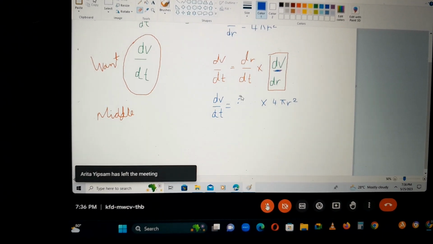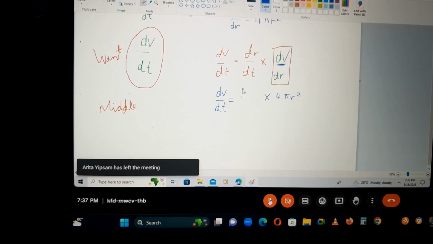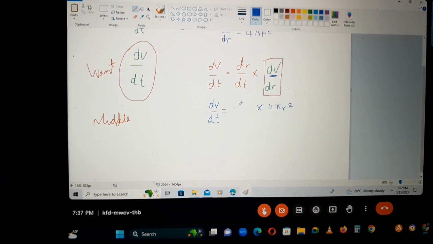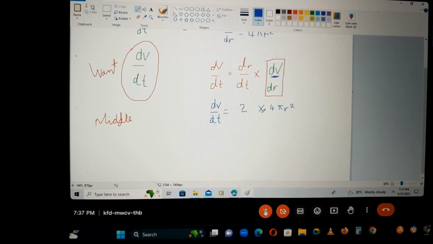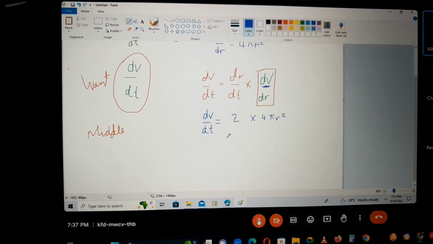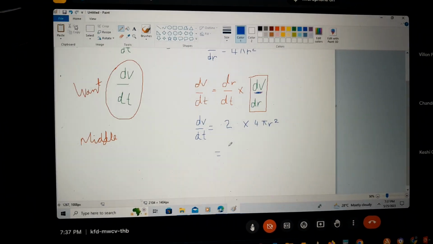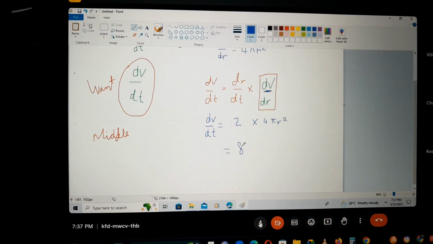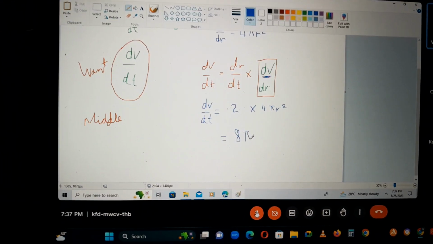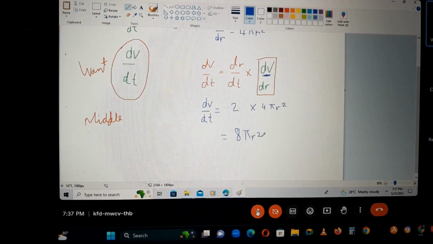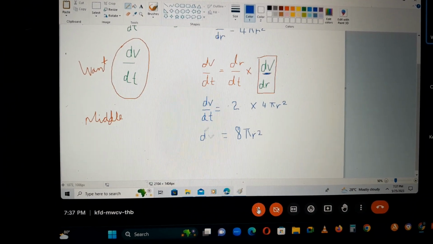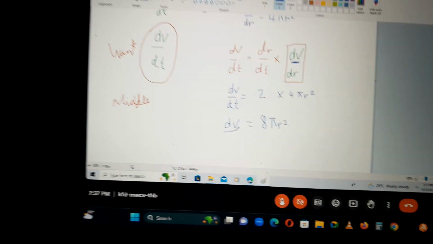So dr dt is 2 times 4 pi r squared. When we simplify this, what will we get? 8 pi r squared. Very good. 8 pi r squared. So this is our formula if we want to know the change of the volume with respect to time.